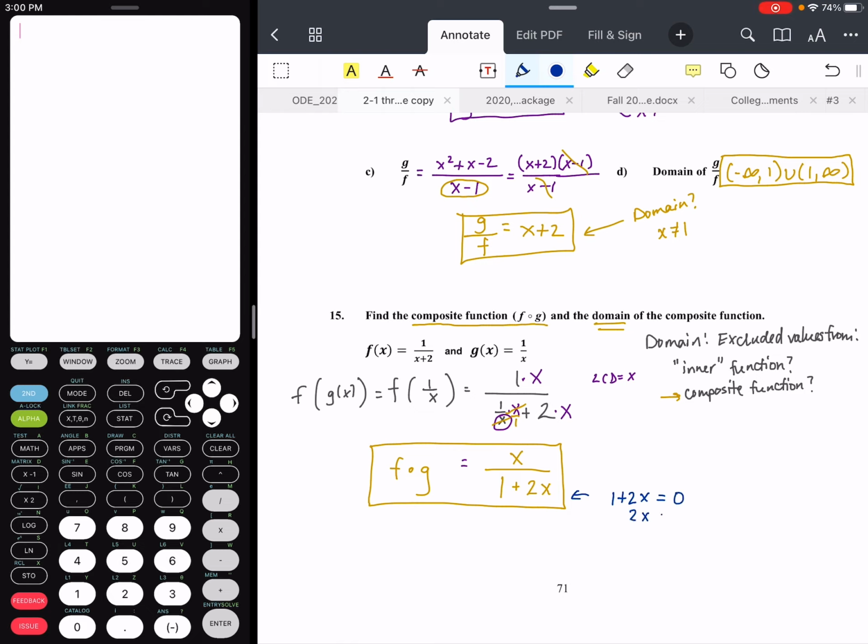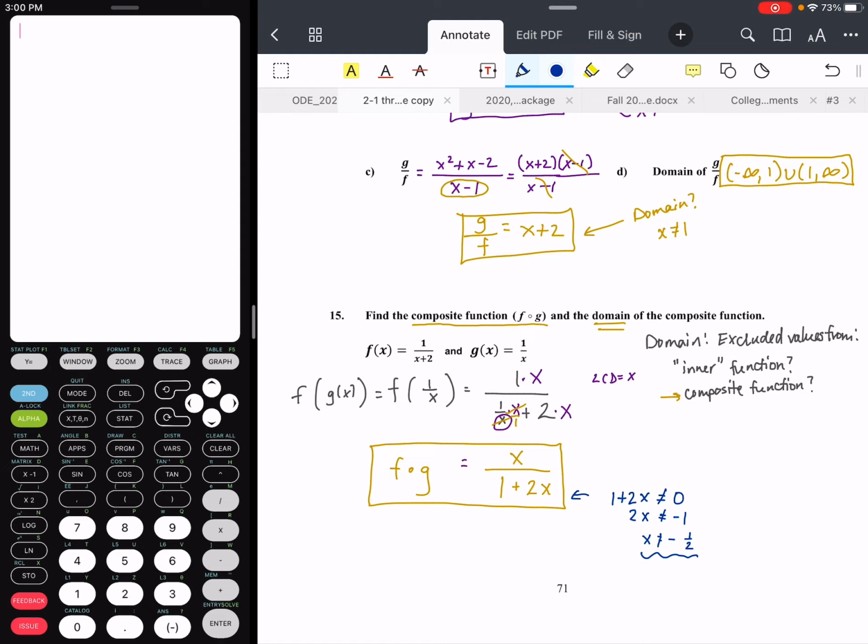So I could subtract 1 from both sides to get 2x equals negative 1, divide all the way across by 2. So when x equals negative 1/2, that denominator of that composite function equals 0. I don't want my denominator to equal 0, so that means that's one excluded value in my overall domain of my composite function. X can't equal negative 1/2, that's an excluded value for my domain.